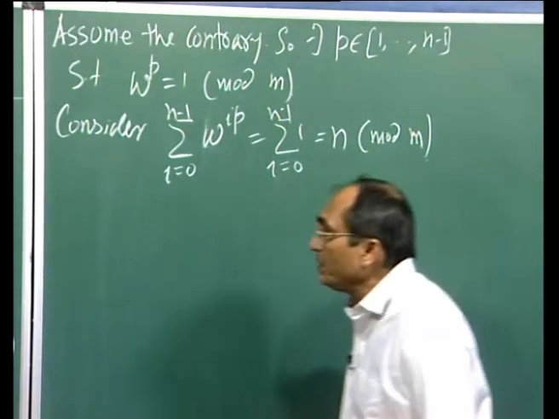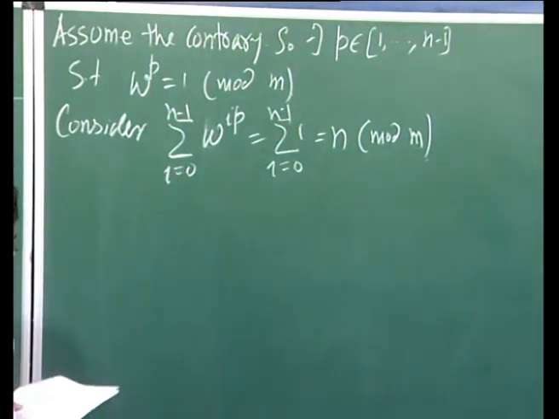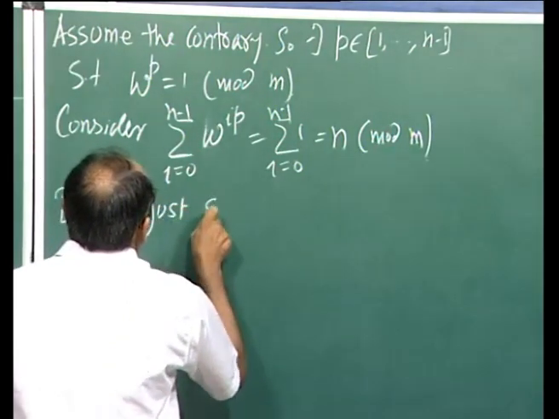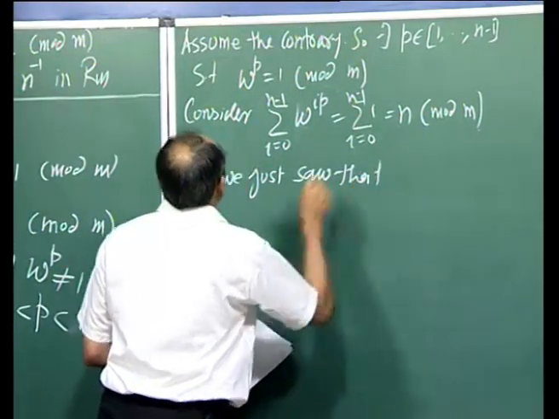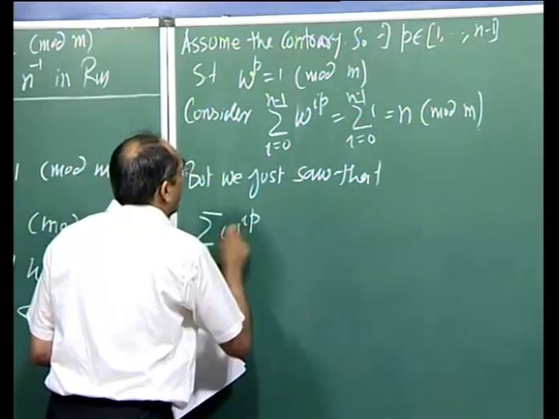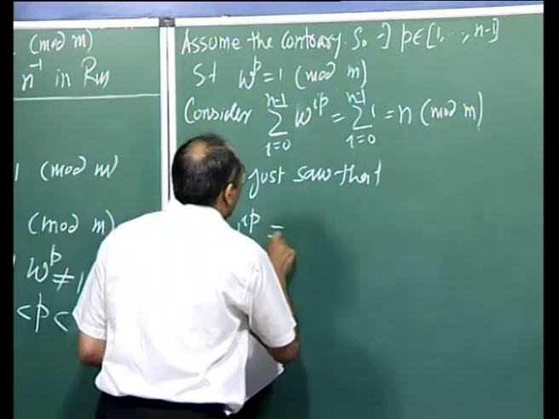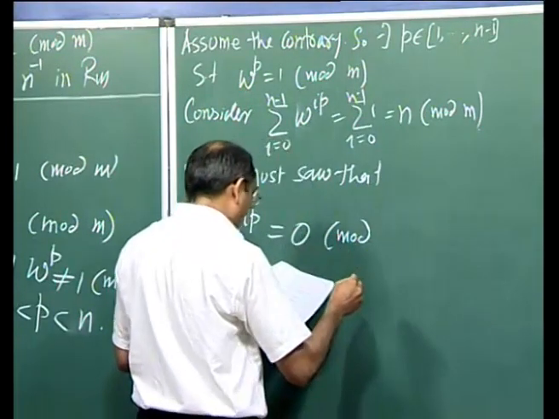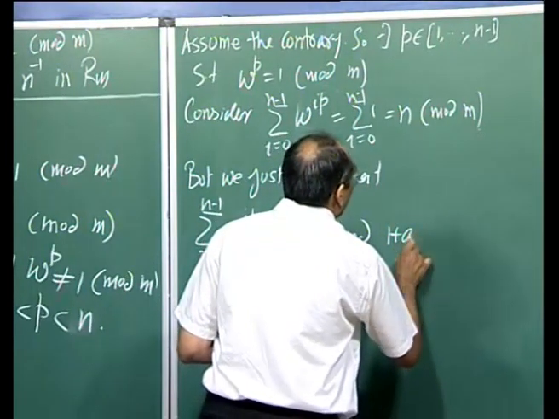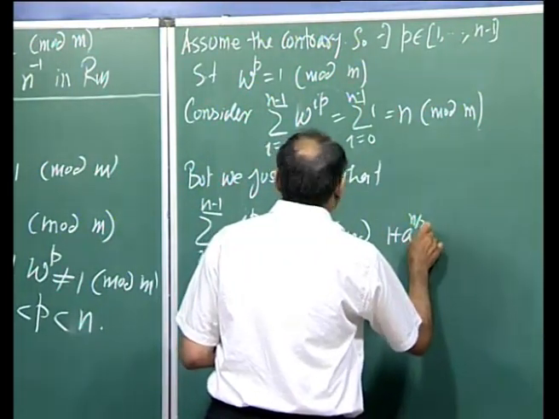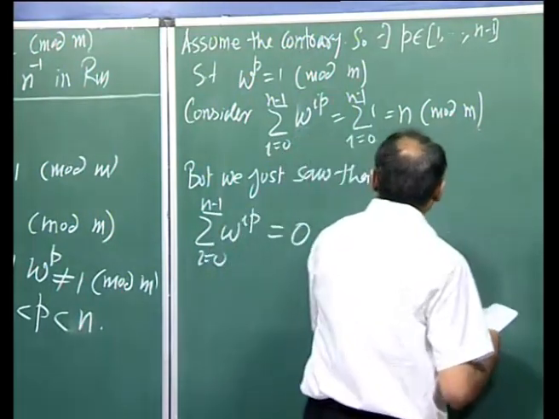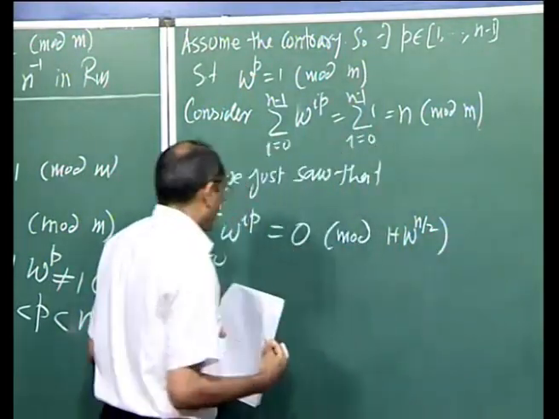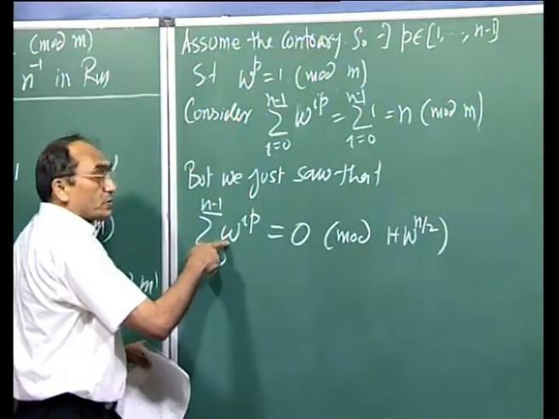But a little while back we just saw that this sum of w power i p, i going from 0 to n minus 1, is an expression of 0 mod m.